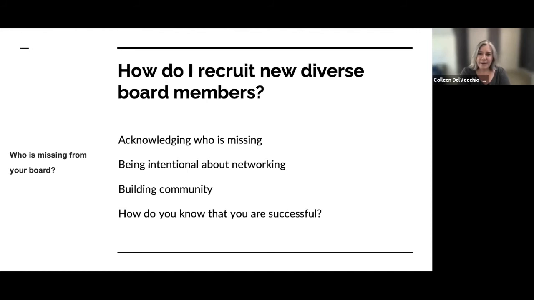I've seen organizations, once they're able to say who's missing, so let's say, Musette, in your example, women, if you have a newsletter, all of a sudden you're putting in the newsletter that at our board meeting, we are open for new board members. We're committed to an inclusive and diverse board.